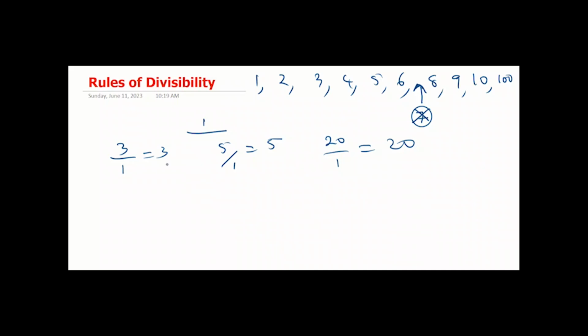What about 2? The next one is the rule of divisibility of 2. A number is said to be divisible by 2 if the number ends with either 0, 2, 4, 6, or 8. If the number ends with any of these, then that number is divisible by 2.